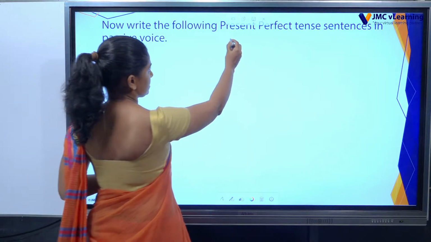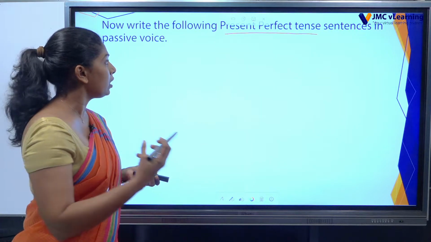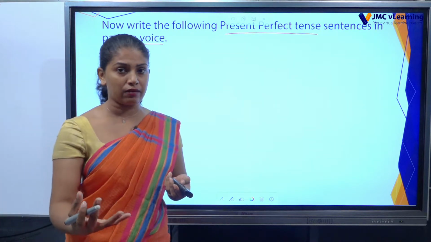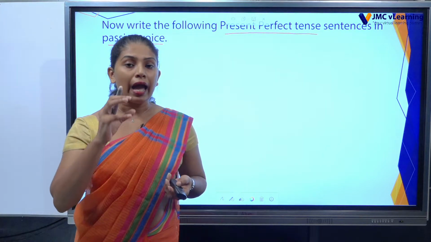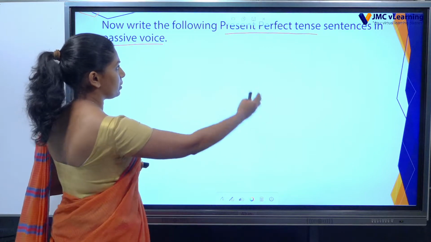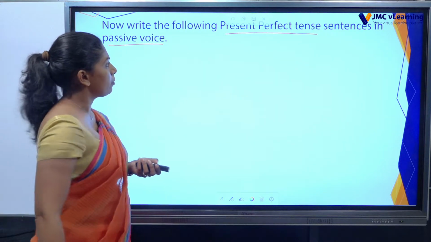If any question is given, first read it and point out the main parts. What we have to do there: present perfect tense sentences, we have to turn them into passive voice.